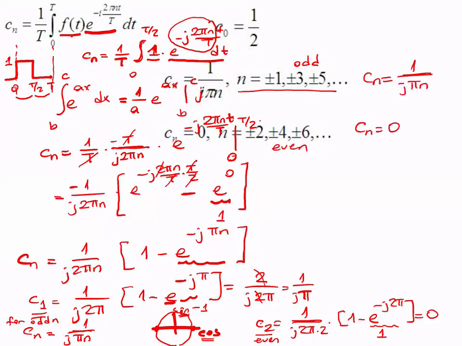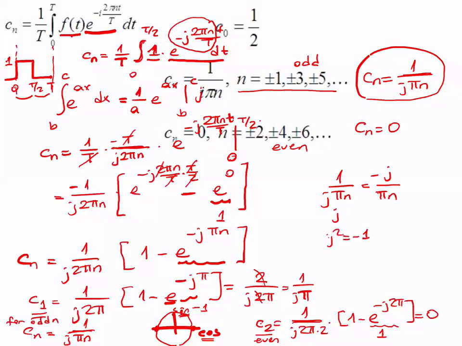Okay, so if you look at this, we will see that Cn's can be found as a complex number like that. If you look at the complex number j pi n, it becomes like, if you multiply it with j over j, minus j over pi n, right? j square is minus 1, or i square is minus 1.